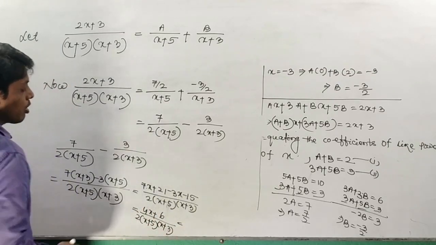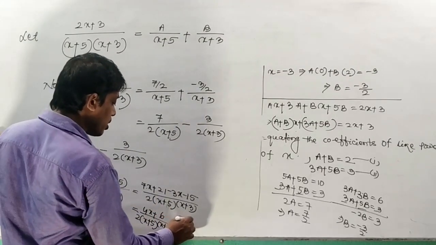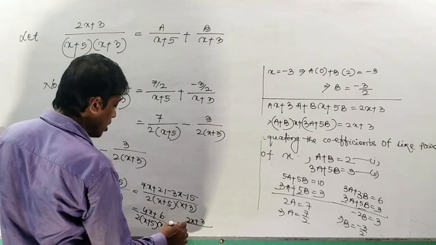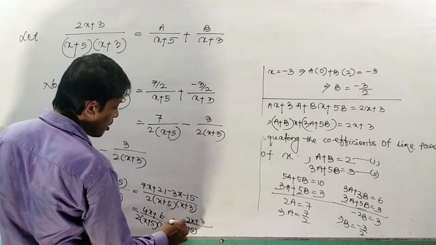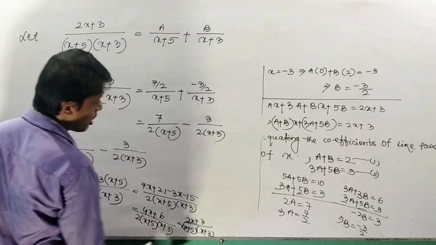Taking common 2 and cancelling, we get (2x plus 3) by (x plus 5) into (x plus 3) that we have been given.